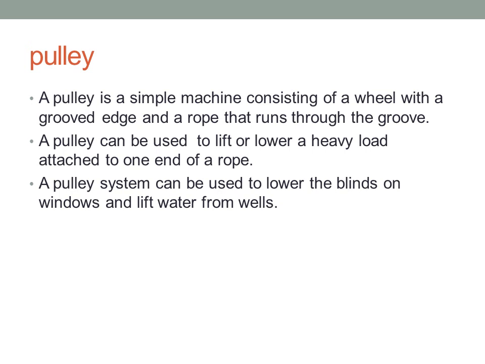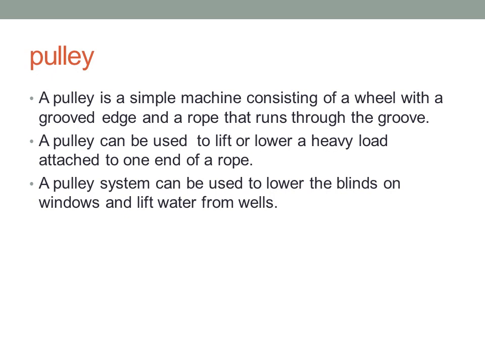So what is a pulley? It is a simple machine. Okay, a pulley is a simple machine consisting of a wheel with a grooved edge. Grooved means what? A long narrow cut for something to fit or run along. Okay, so the wheel has a little gap inside.